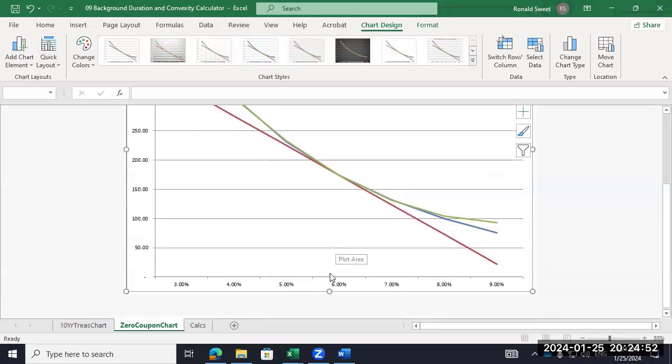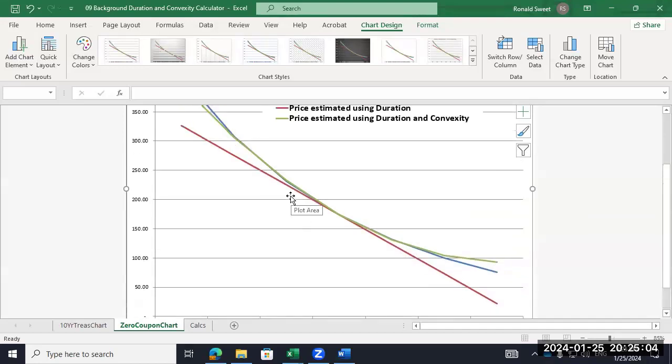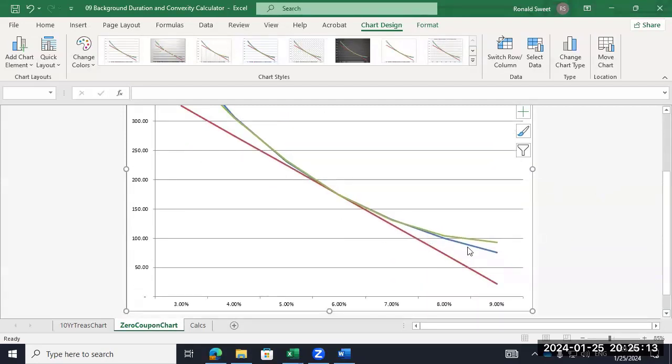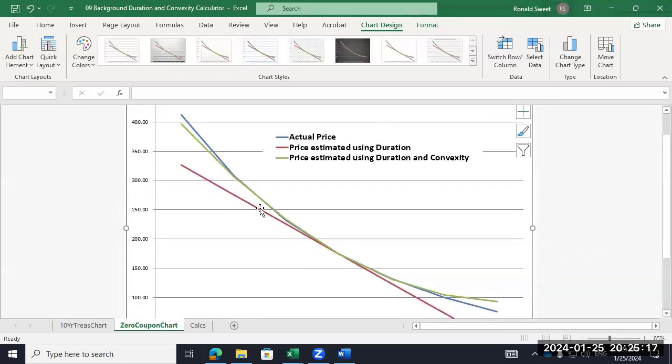This is our starting point at 6%. Interest rates don't change much, duration gives you a pretty good prediction of bond price. What happens when interest rates move a bunch? Duration's pretty far off, isn't it? Pretty dramatically far off. When rates fall, your bond price goes up a lot more than duration estimates. And when rates rise, your bond doesn't fall nearly as much as duration would imagine.